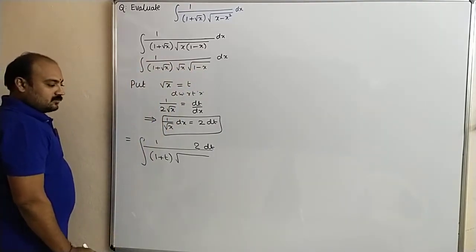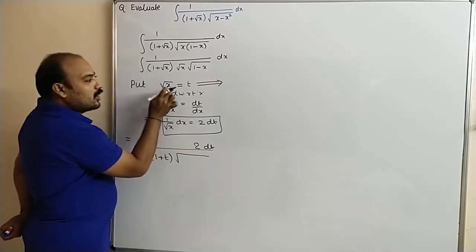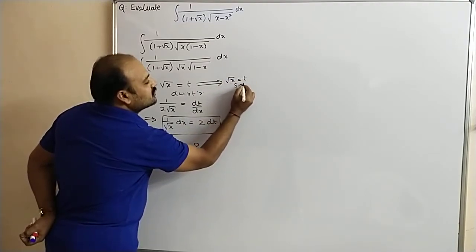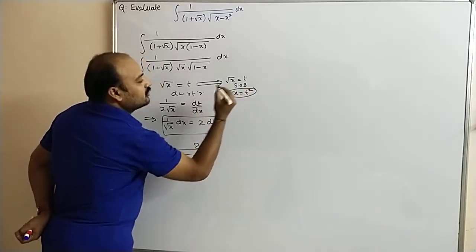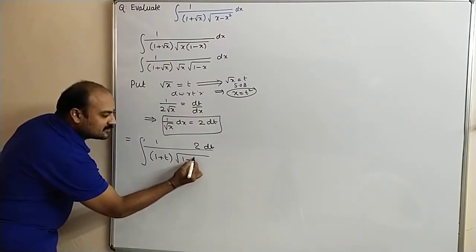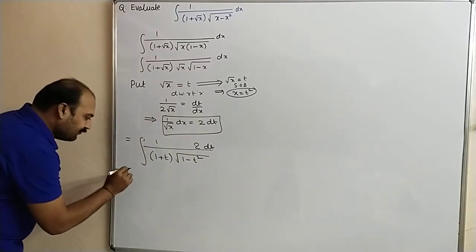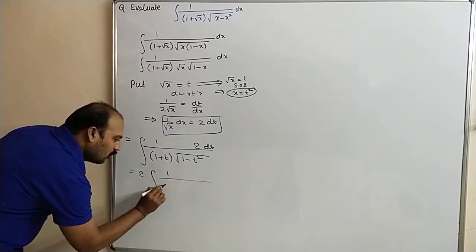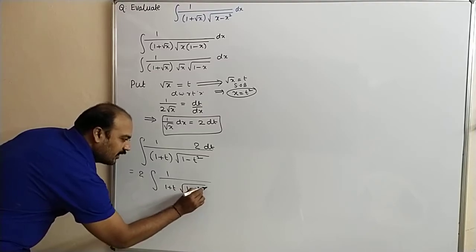Root x is equal to t, squaring on both sides, x is equal to t square. So now wherever x is there, replace with t square. So 1 minus t square. The constant 2 you can take outside of the integral. It becomes 2 into integral 1 by 1 plus t into square root of 1 minus t square into dt.